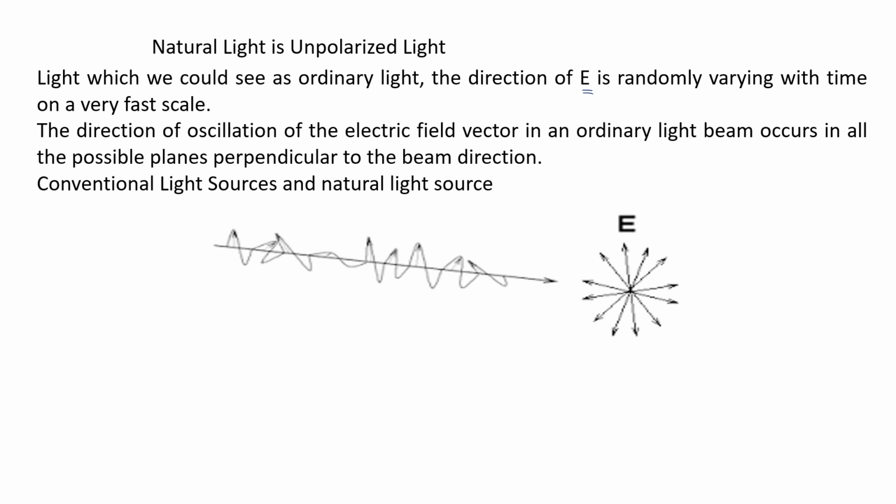This is the direction of propagation of light. The light vector, meaning the electric field vector, is vibrating in all possible directions. So this is the random direction of the electric field, and the direction of propagation of light is perpendicular to it. The magnetic field B as well vibrates perpendicular to the direction of the electric field.